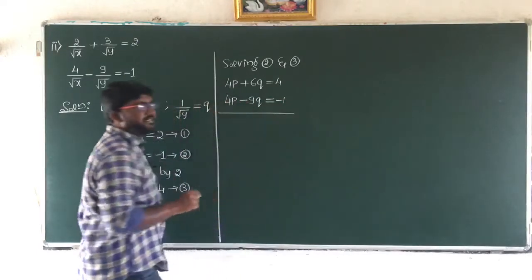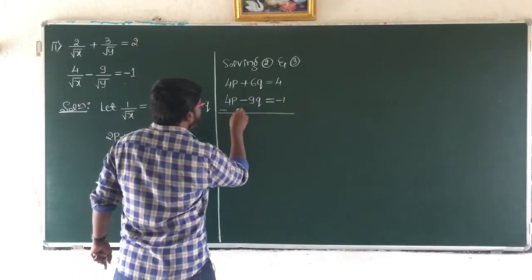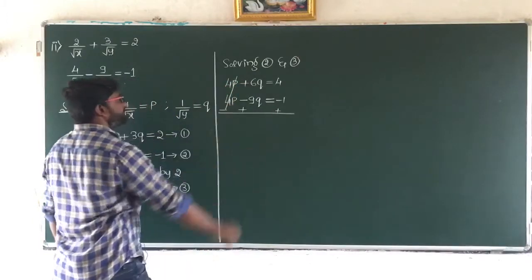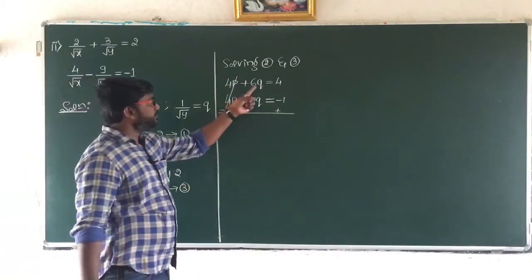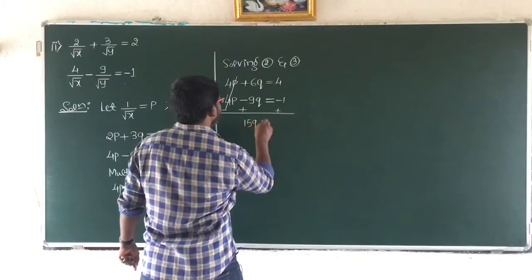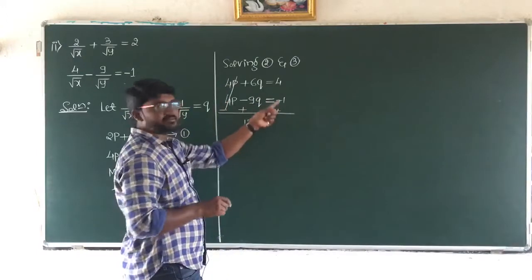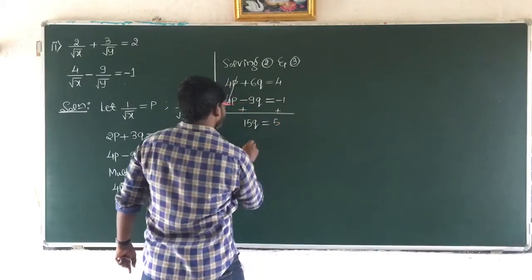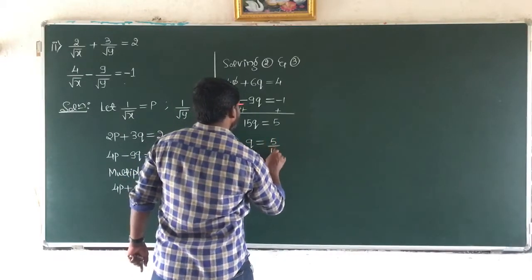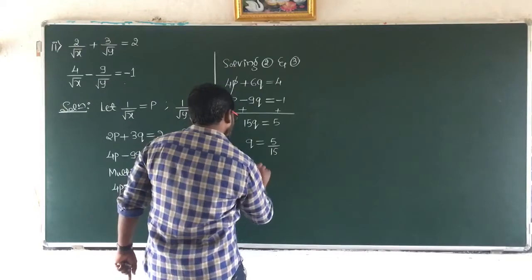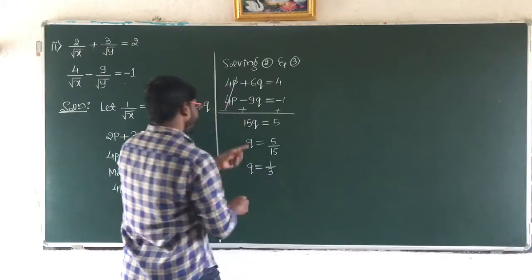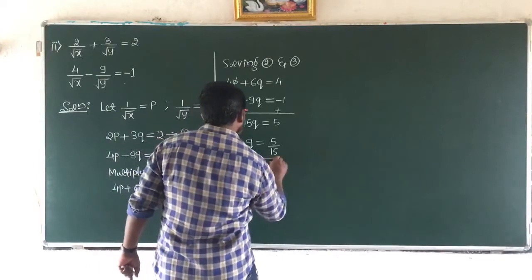So go for the sign change. Here this becomes minus, plus, and 4p minus 4p cancels. Then 6q plus 9q will be 15q, which equals 4 plus 1, which is 5. So q equals 5 divided by 15, so it is 1 by 3. So this is the value of q.